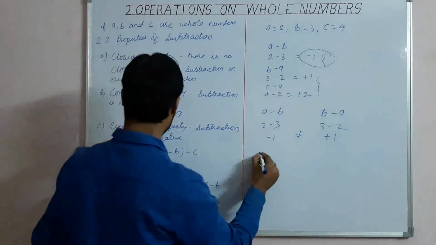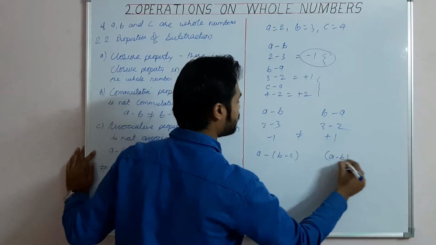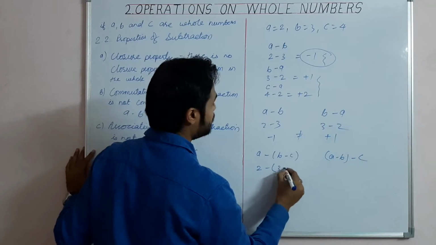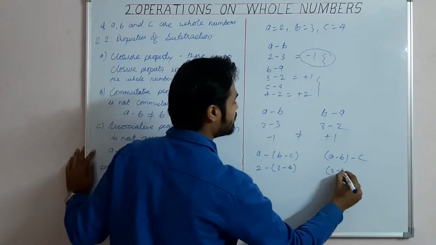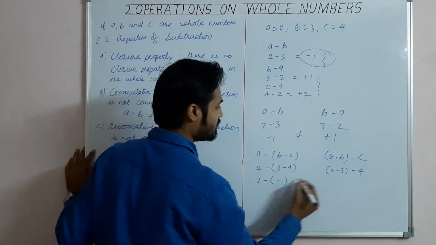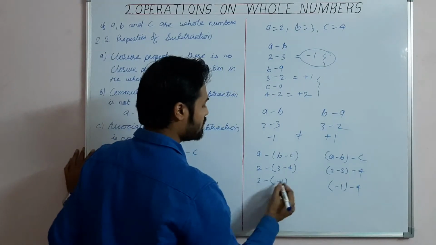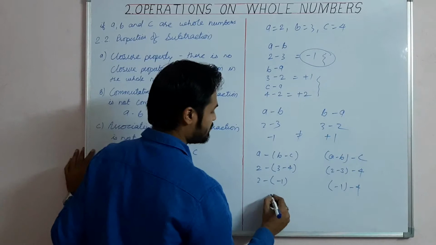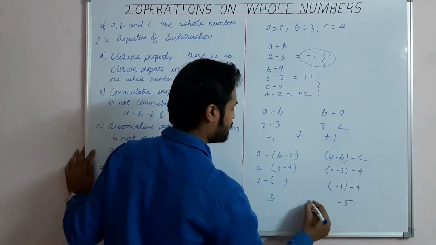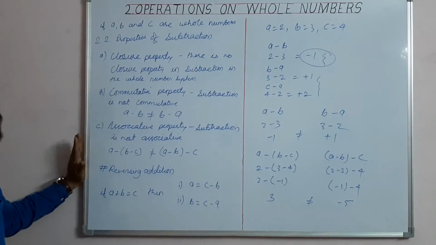Let us check it by putting in values: 2 minus 3 minus 4 grouped both ways. Here 2 minus (3 minus 4) is 2 plus 1, which is 3, and here (2 minus 3) minus 4 is minus 1 minus 4, which is minus 5. This is not equal. So again, subtraction is not associative.